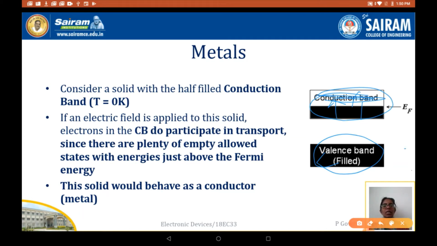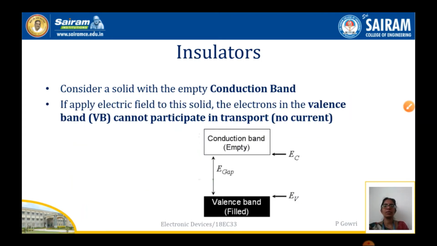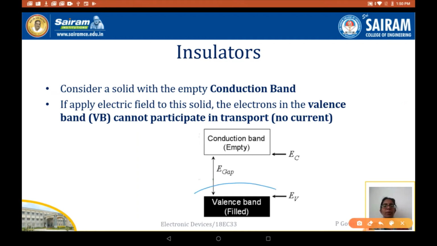In the next case, we will be considering insulators. Consider a solid with an empty conduction band. Here in this figure we can see that the valence band is completely filled whereas the conduction band is completely empty. So there are no free electrons in the conduction band, and the valence band is full of electrons with no empty states.